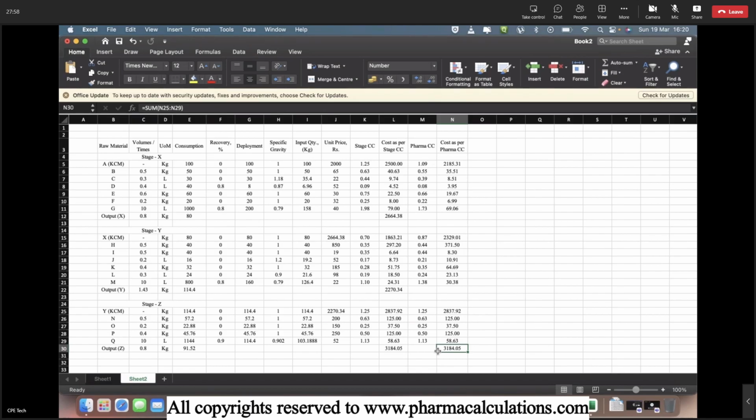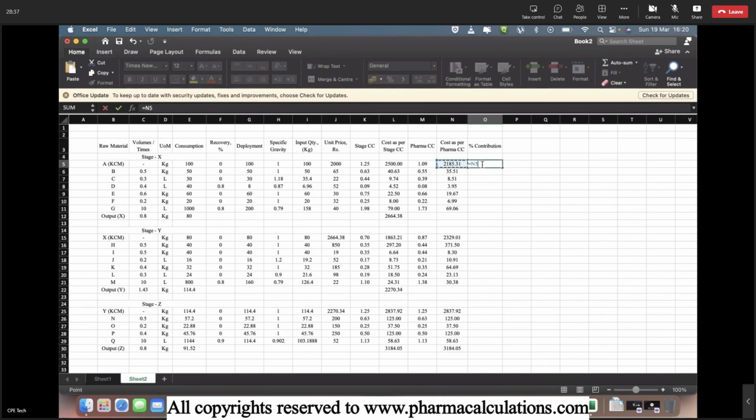Okay, and the final thing is the percentage contribution. So using this percentage contribution, you can easily identify which material is going to be having more cost contribution. So let's start up with this, or else we can start from here also.